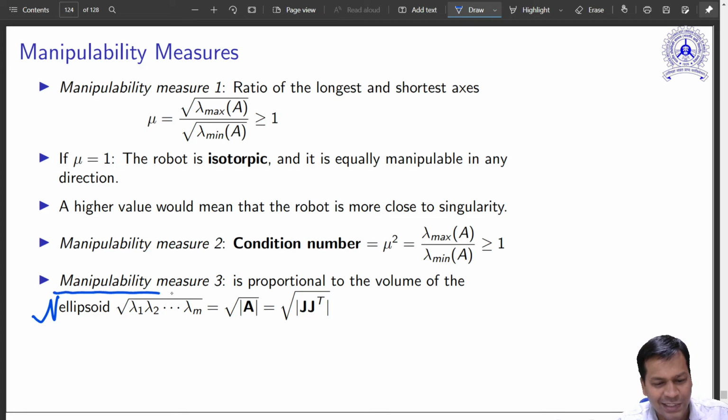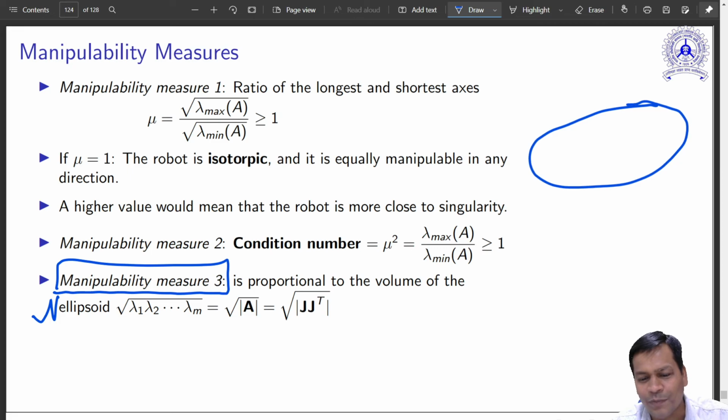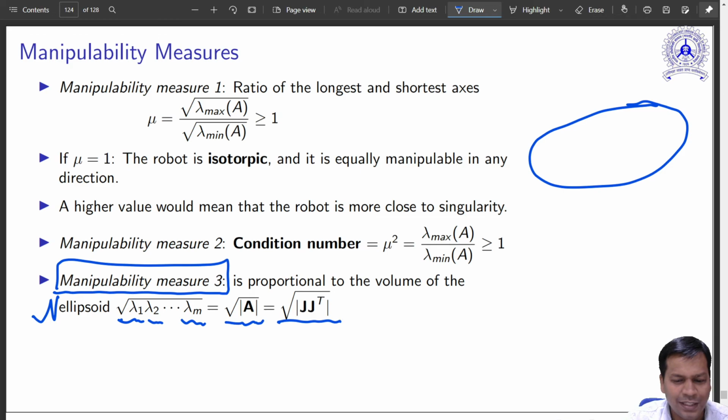Manipulability measure 3 is another way you can measure. It is by measuring the volume of the ellipsoid. That is nothing but the product of all the eigenvalues, square root of that. You can quickly get something like this, and that is the manipulability ellipsoid.